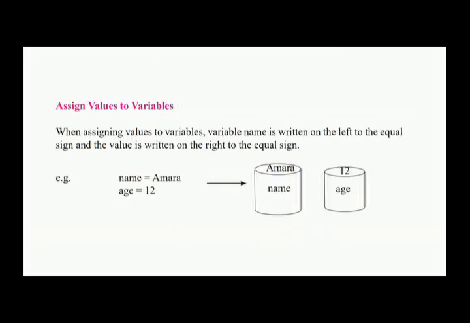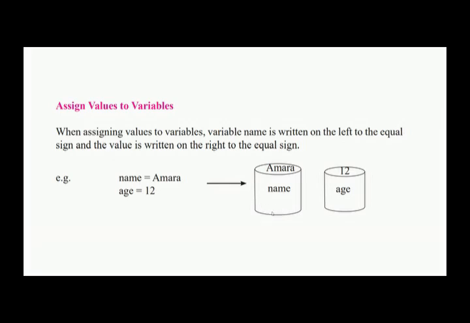Now let's look at how to assign values to a variable, right? Now, if you take a variable called name, what can you assign? Okay, now your variable is name. Now you can assign values according to that variable.